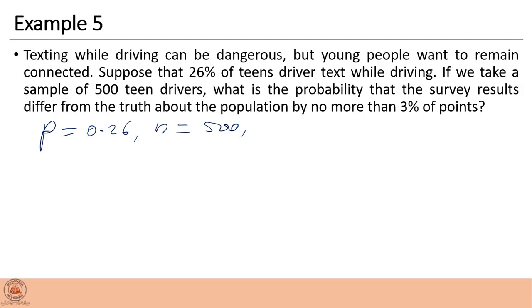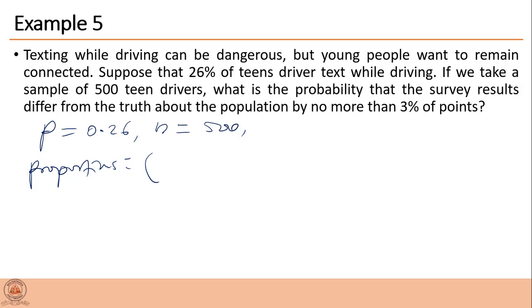The last part of the question is talking about not more than 3 percentage points. Right, so if that is the case and the probability of a success is 0.26, then we should be looking at the following proportions.